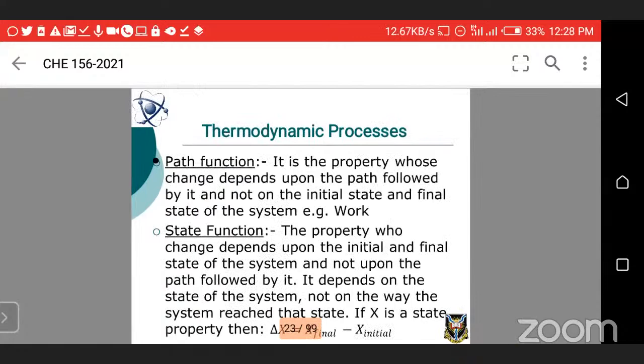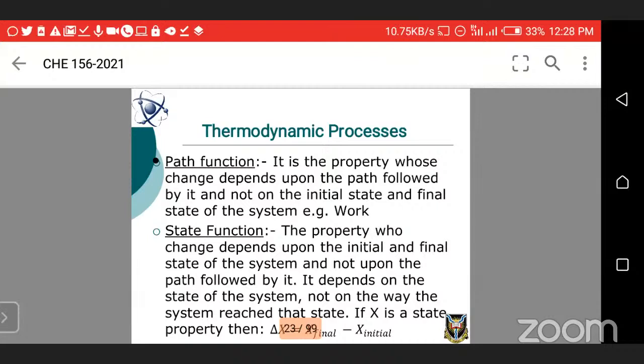We also have what is called path function. Path function is the property whose change depends upon the path that is followed, and not on the place.